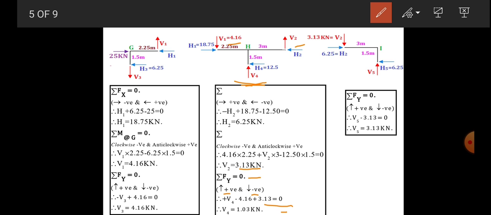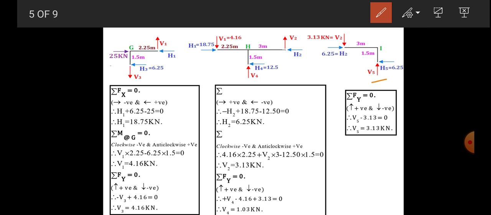That means the upward assumption is correct. Now let's consider joint I. Whatever sign we took before, the opposite sign we have to take on the adjacent member or adjacent joint, and for this I joint, which is an edge joint, take it in the opposite sense.